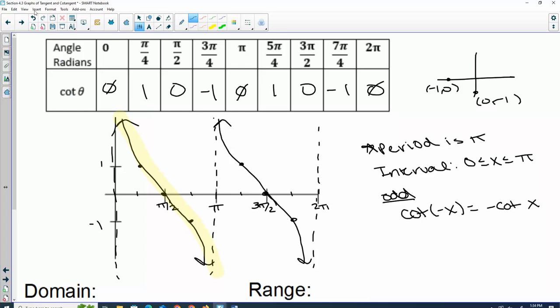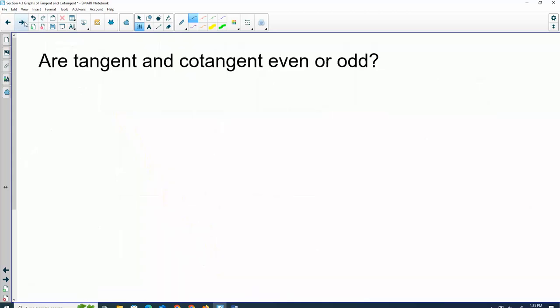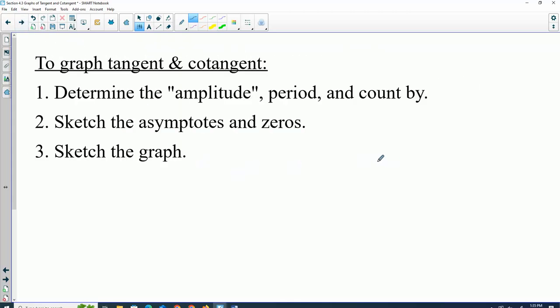All right, so we know right now tangent is increasing, cotangent is decreasing, but otherwise they look basically the same. So what we're going to do when we graph these, we'll still do our amplitude, period, and count by, like before. The big thing to remember with these, the period is a little bit different.